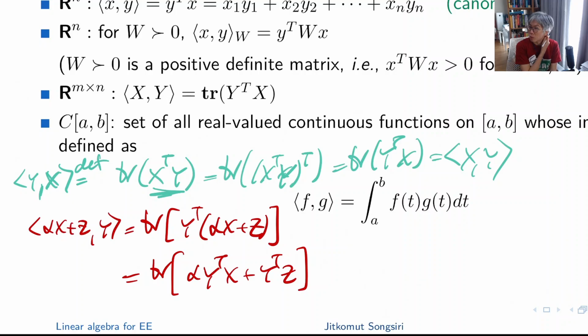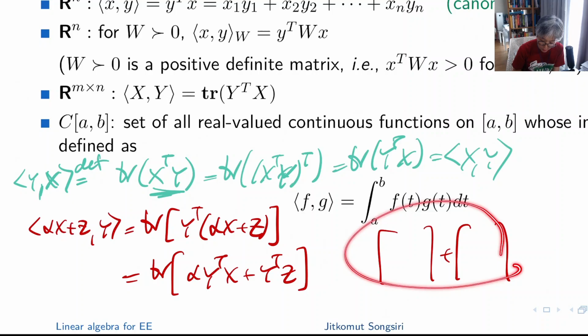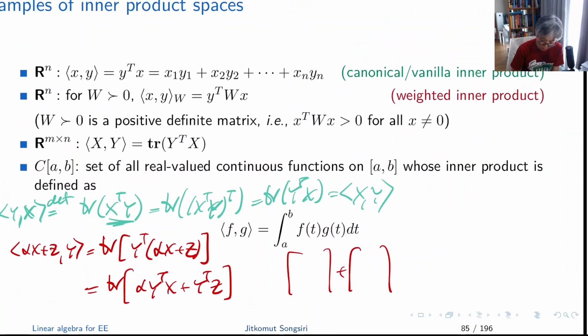And then it comes to the question: how about the trace of the sum of matrices? You have two matrices, you sum them first, and then you take the trace. Is it the same as taking the trace of each one and then summing the traces? It turns out that the trace operator is obviously linear.